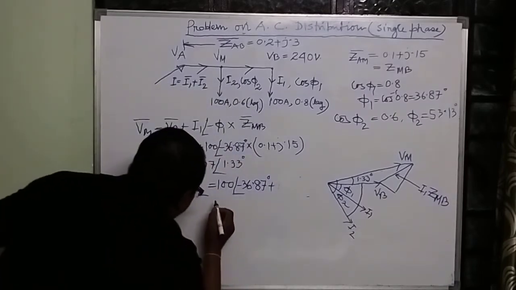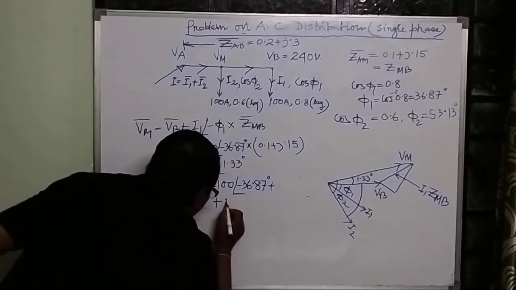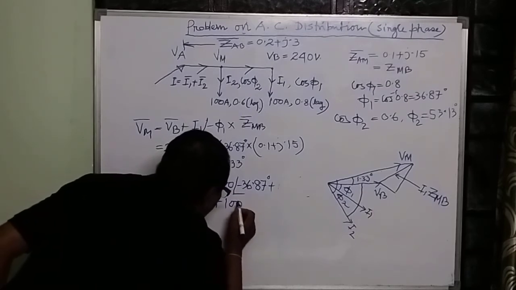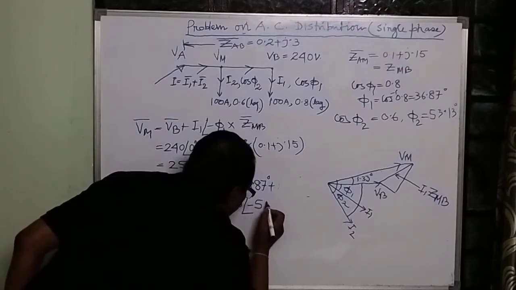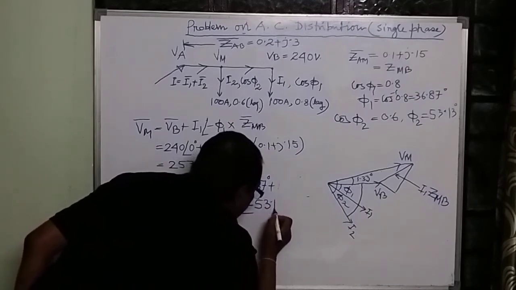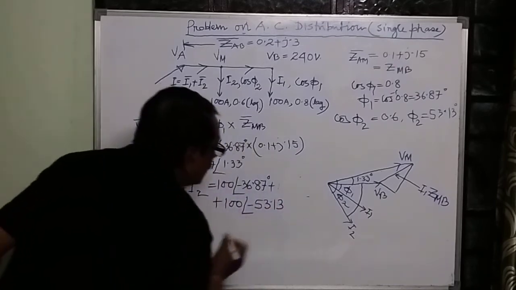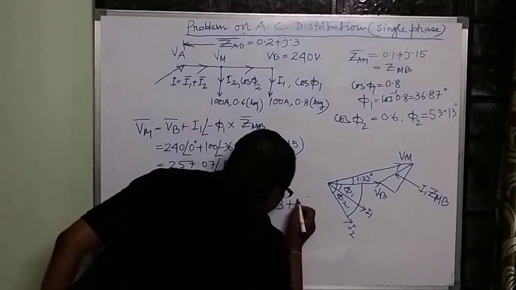So we can write I2 is 100 ampere, angle minus 53.13 plus 1.30.